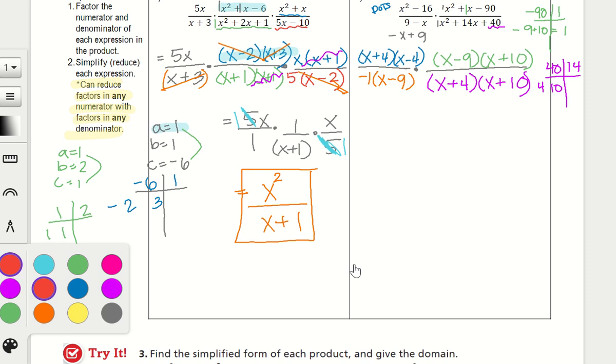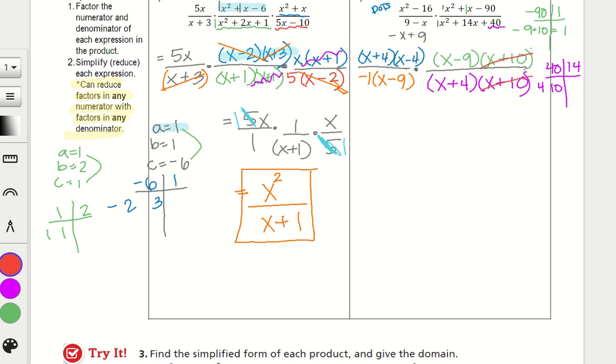I'm going to reduce every factor in the numerator that has the same factor in the denominator. Notice that I can reduce the 10s. They come from the same fraction, x plus 10. But the other ones I'm going to have to cross reduce. So if I have an x minus 9 and an x minus 9, I also have an x plus 4 and an x plus 4. So notice that everything reduced except for an x minus 4 over negative 1.